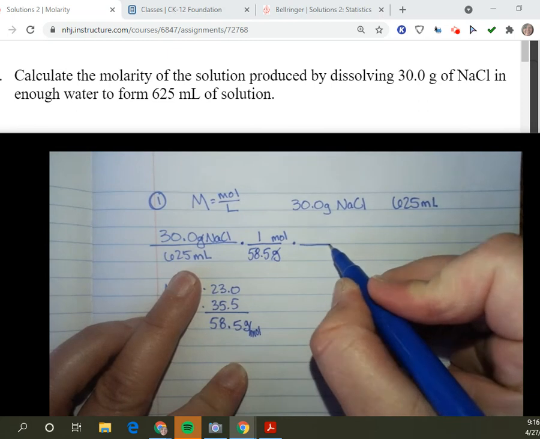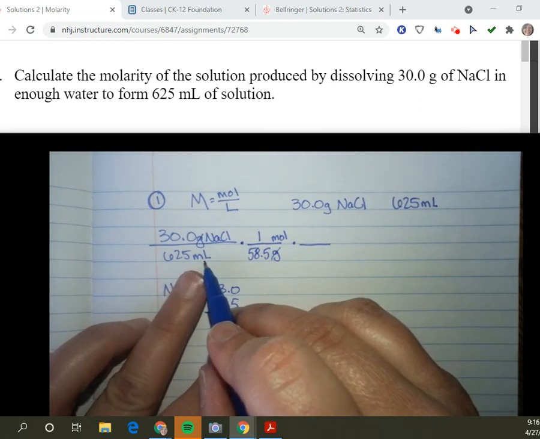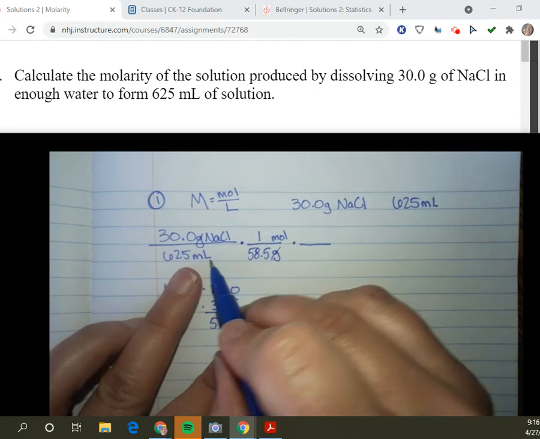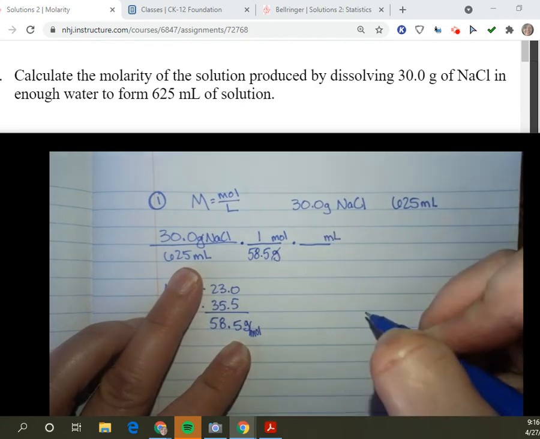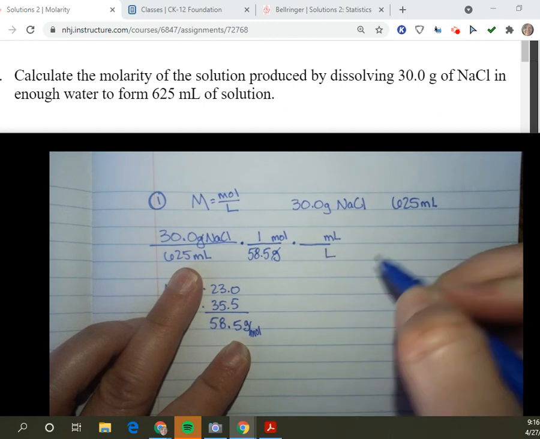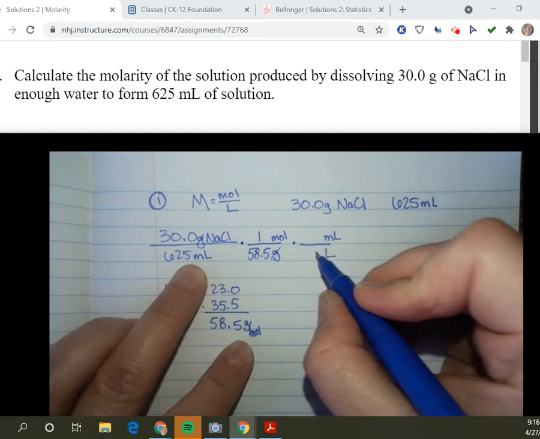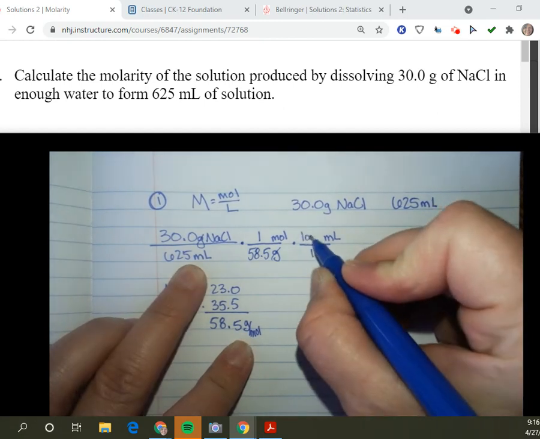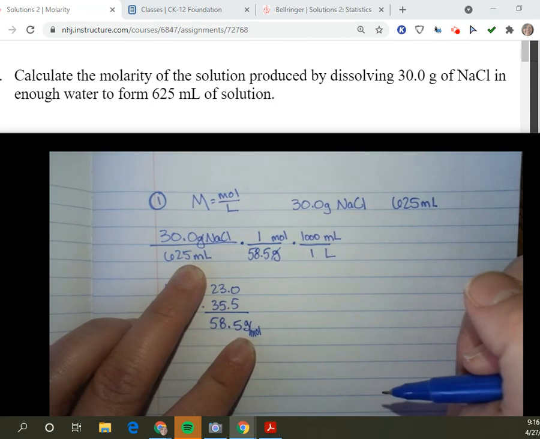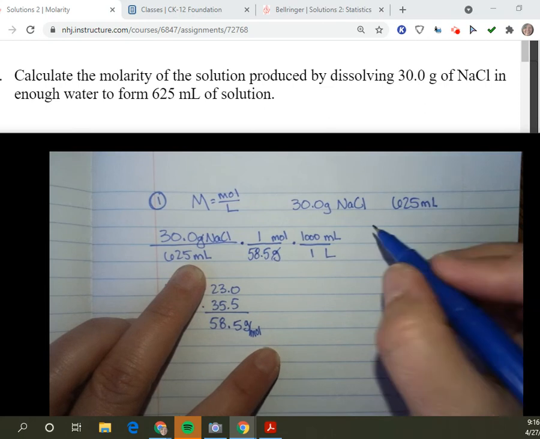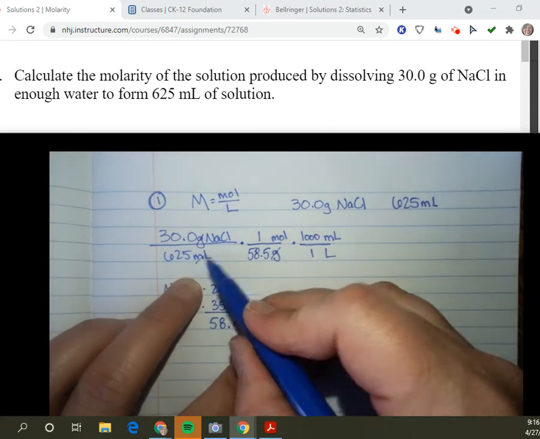So we're going to convert those milliliters to liters. Make sure milliliters are on the bottom, so we need to put the milliliters on the top in our conversion in order for them to cancel. We know that 1 liter is 1,000 milliliters. And so then my milliliters cancel.